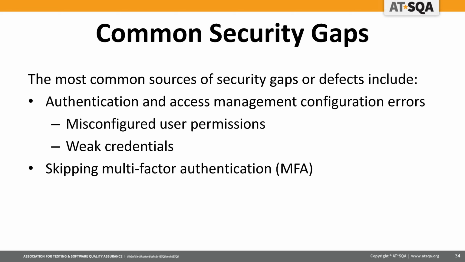What are common security gaps? The most common sources of security gaps or defects in cloud application security include authentication and access management configuration errors. This can be misconfigured user permissions and weak credentials. Another security gap is skipping multi-factor authentication, MFA.